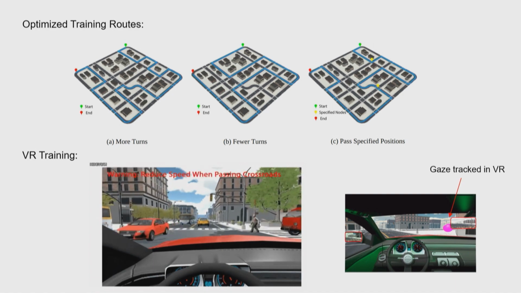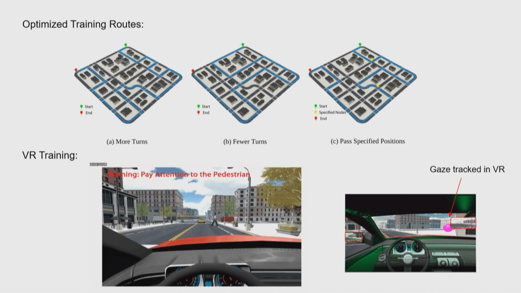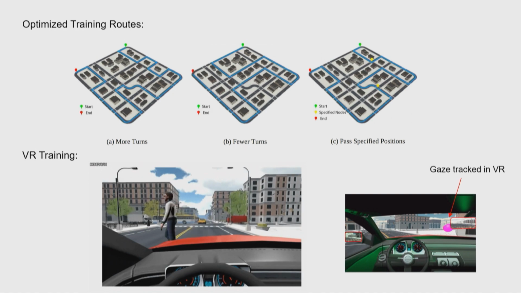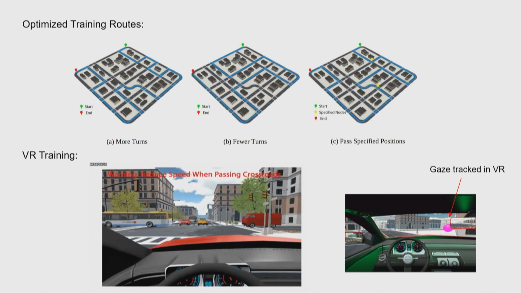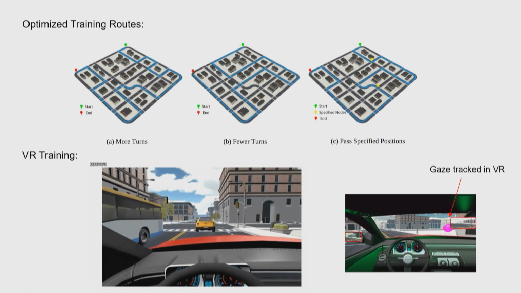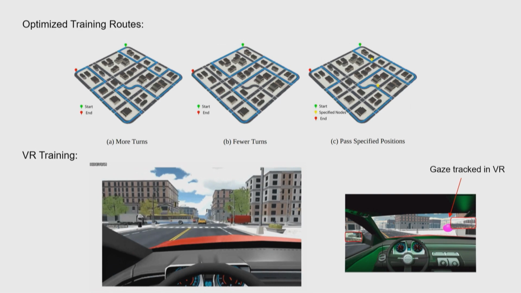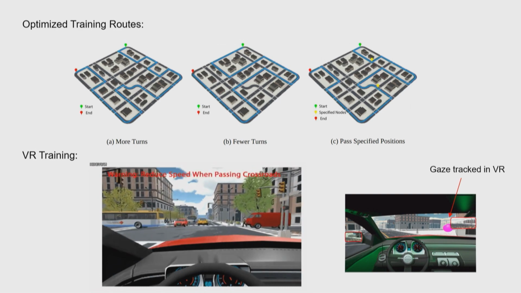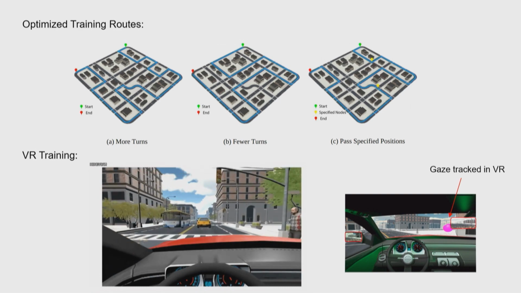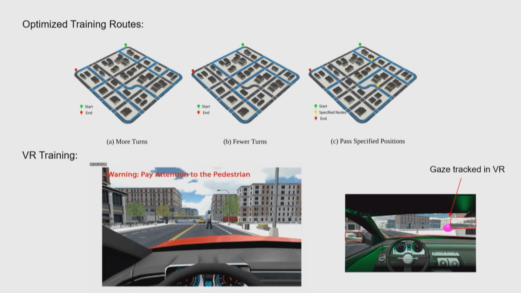So for example, if the person is really bad at handling complex situations where there are jaywalkers and so on, the optimizer will generate routes that force the player to go to more places of that sort, so that he needs to repeatedly practice how to control a car in that situation. So this is the major idea.